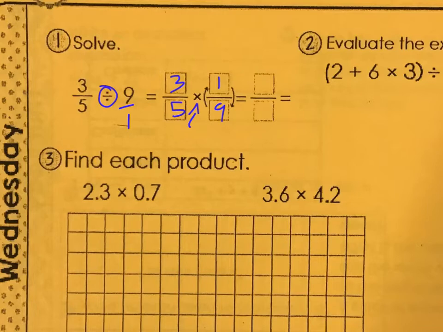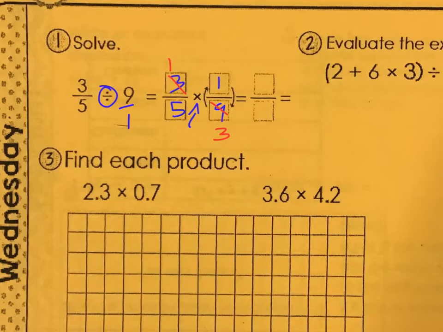Now, the way that I look at this is, okay, I've done keep it, change it, flip it. Now, let's see if I can cross-simplify. Well, I'm looking at the 5 and the 1. They don't simplify because it's already done. But I can look at this 3 and this 9. They have a common factor, which is 3. So 3 and 9 simplify. So the 3 turns into a 1, and the 9 turns into a 3. Now I can just multiply.